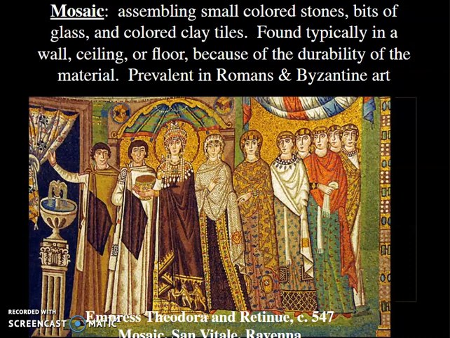Typically we see this associated with wall art or floors, sometimes ceilings. This was a very, very durable material, and we see it a lot during the Roman and Byzantine era. So we will definitely be taking a peek at mosaic.